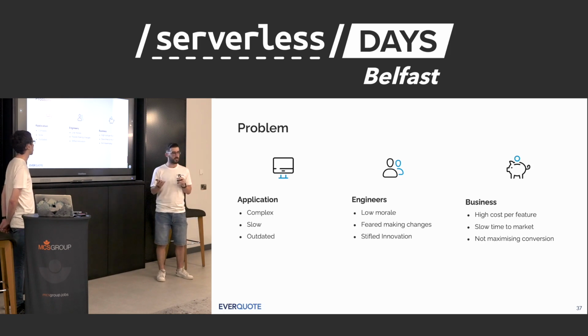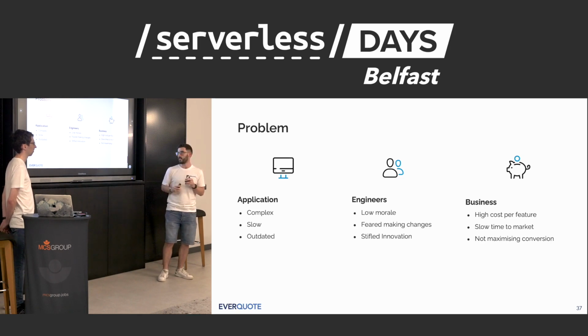And it got slow. For anyone who's worked on front-end applications before, you know the larger your bundle size, the more code you've got in there, the longer it's going to take to load whenever it gets to the client, which means longer load times and then a knock-on effect to the business. Because the whole point of the CRO tests was to maximize conversion. But now we have a leak in the back because our site is slow, so we're losing conversion because of that.